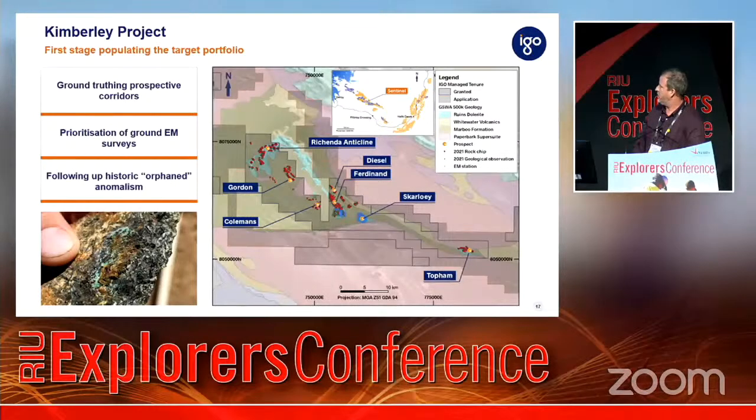And in 2021, it was our first area where we got in there and had about 27 targets that we identified in the off-season, and the guys could go out there and upgrade or downgrade those prospects. Those that had anomalous geochemistry, we then started ground EM across those particular prospects to hopefully identify some direct targets for subsequent drilling this year.